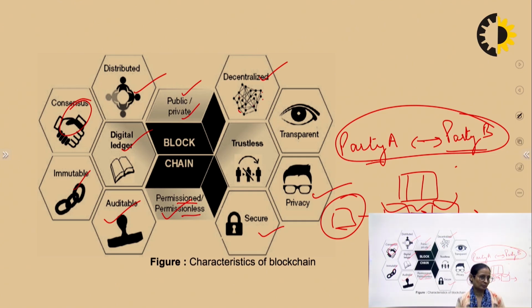Permissioned blockchain says what kind of consensus is maintained, who the users and parties are, and how trust is maintained. Here it is governed by some central authority. Although we are using blockchain in the permissioned environment, there are still rules or regulations imposed on the type of workflow and the type of algorithm which we are using.